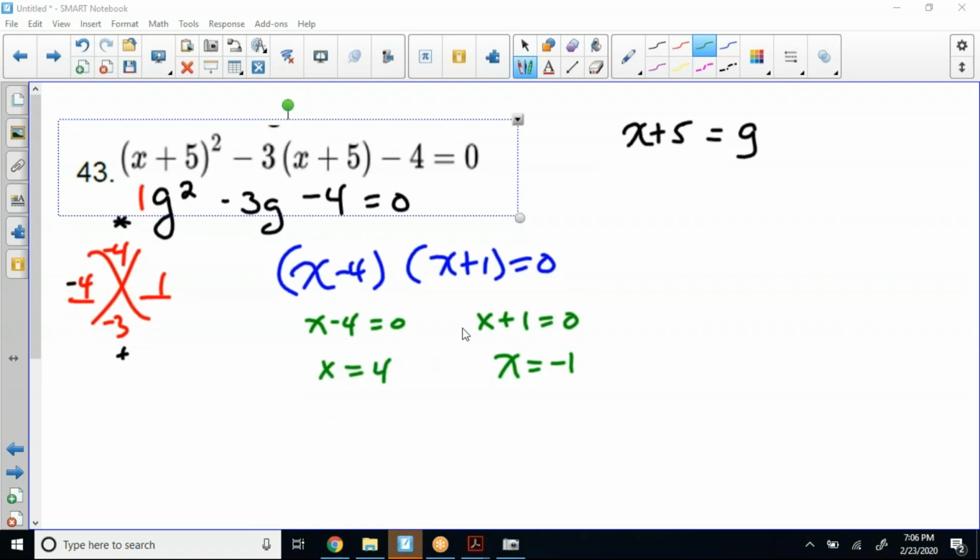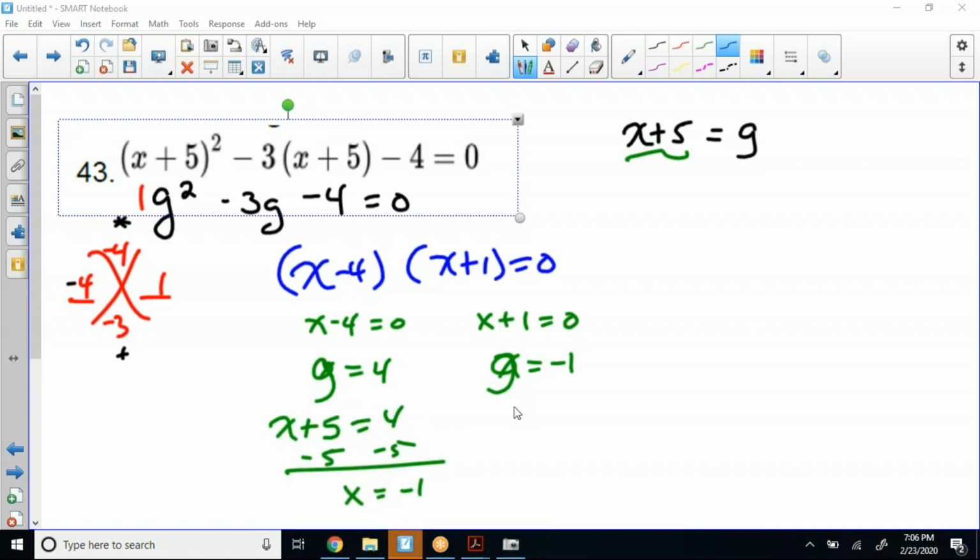Now that we've got what x is, I used x, it should have been what? G, right? G is equal to x plus 5, so I can substitute, so I can minus that. So x is equal to negative 1, and then I can change it over here and go g is x plus 5, so minus 5, x is equal to negative 6.